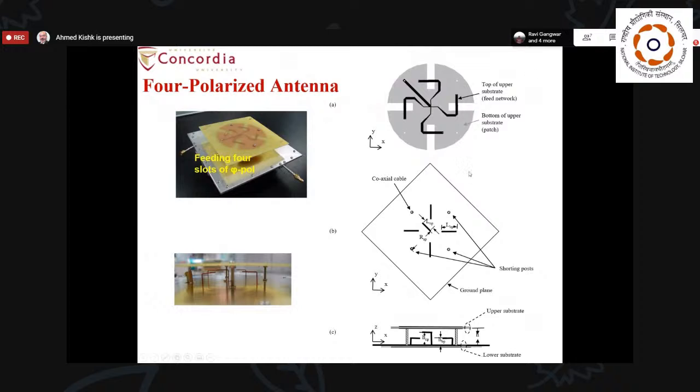So how can we create 4 polarizations from a single patch? And this could be a very good element for MIMO type of antennas, for example.